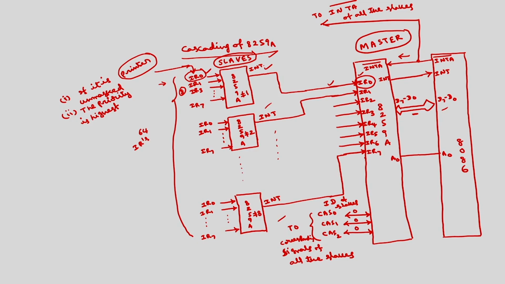Now, based on this cascading of 8259 operation, I can discuss initialization command word 3 and initialization command word 4. If I take the format of initialization command word 3, as I have discussed in the flow chart, ICW3 will be used only when cascading mode is performed.